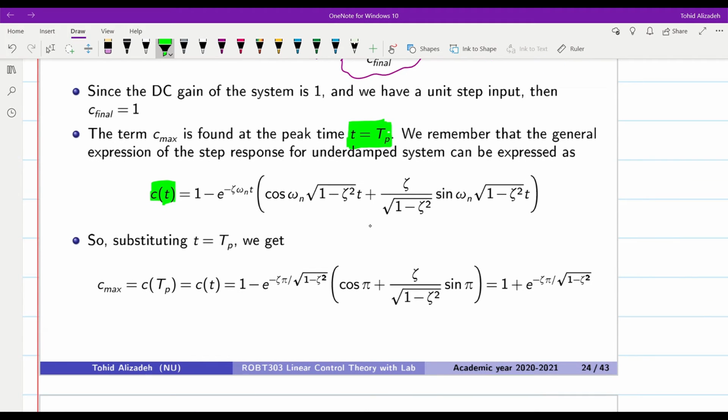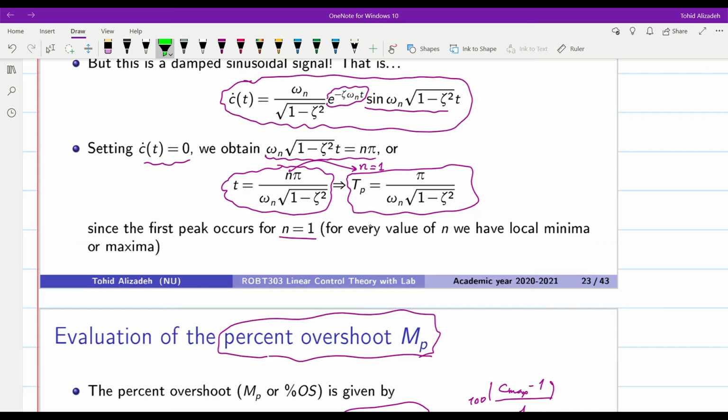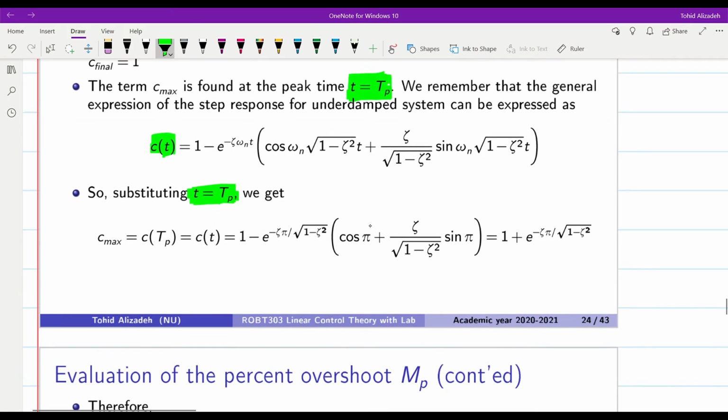And if we substitute t with TP, for which we have found the value in the previous slide, so pi over omega n times the square root of 1 minus zeta squared, we will get the C max. The value for C max, which will be obtained after simplification, will be 1 plus e to the power of minus zeta pi over square root of 1 minus zeta squared.